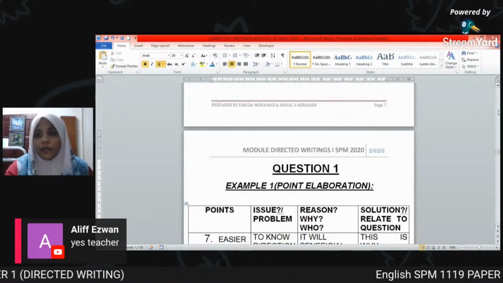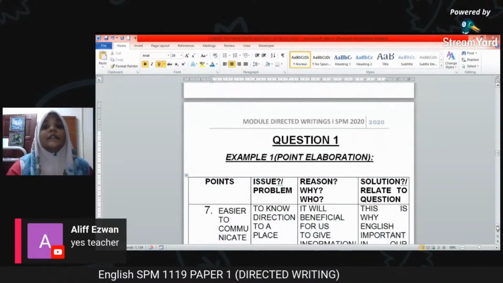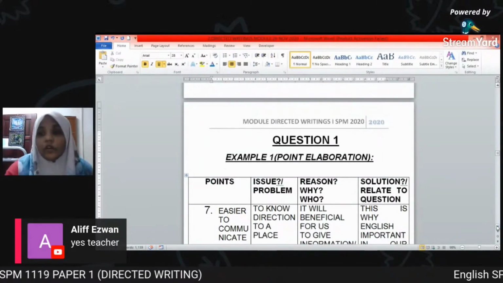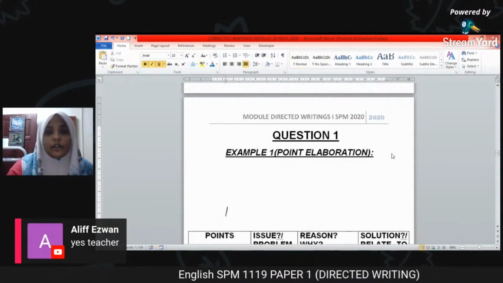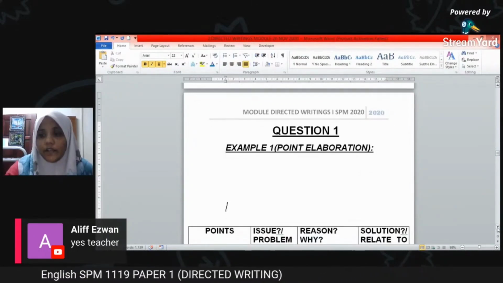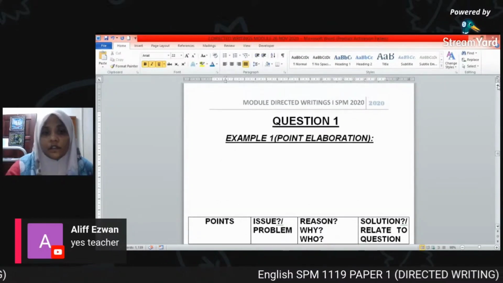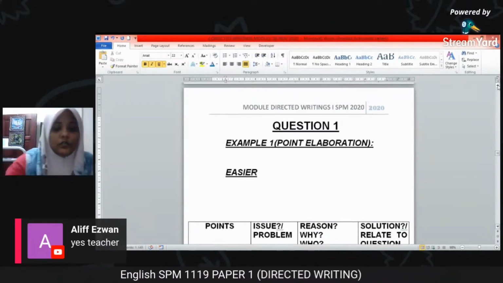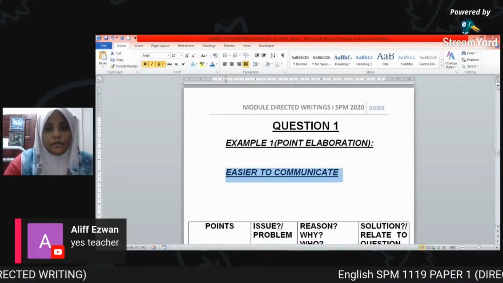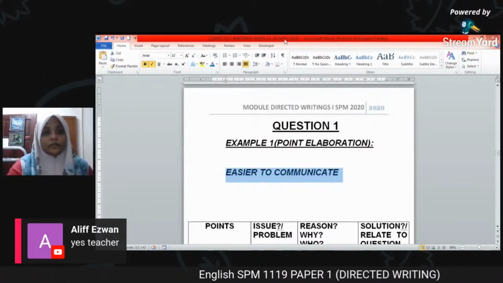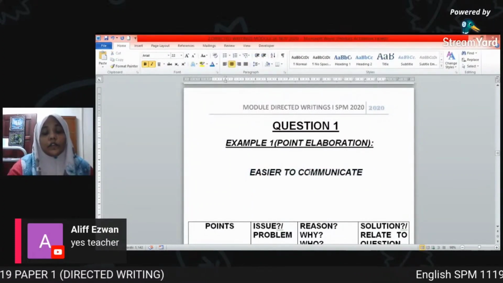All right. So I'm giving point number 7, assuming that this is another additional point that you have to write in your essay. The point that I have given here is: easier to communicate.